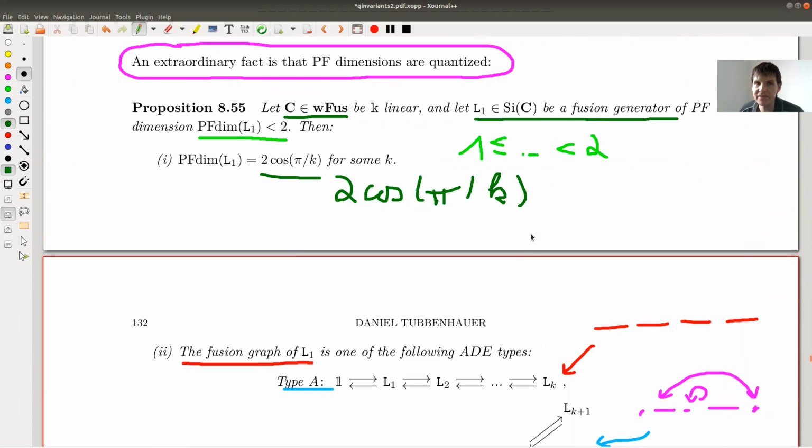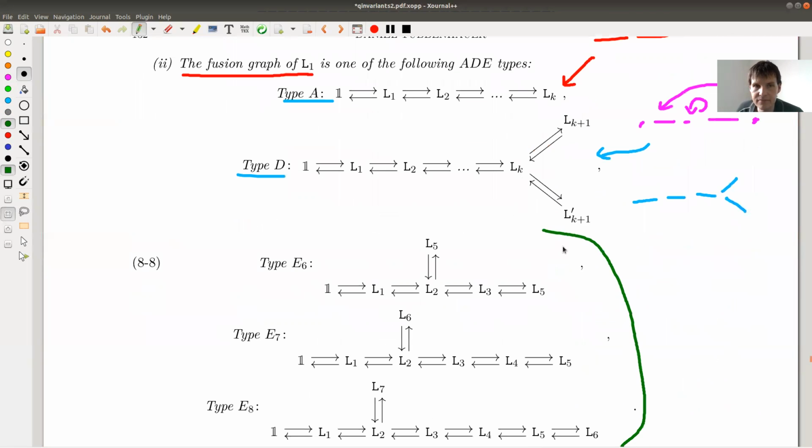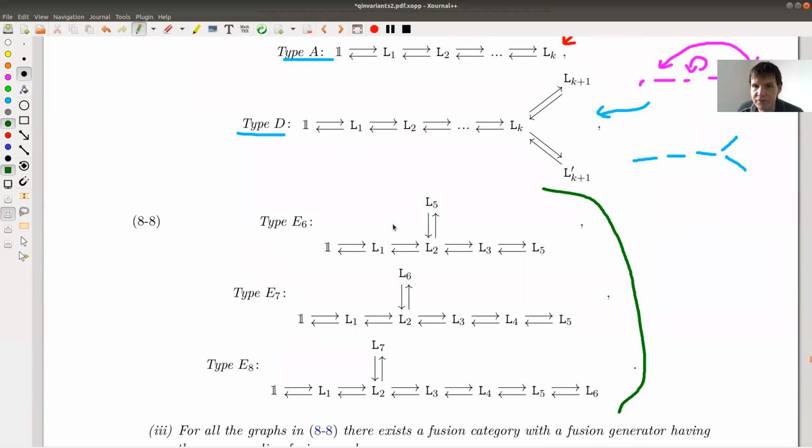Okay, so let me say again what's happening here. This is really amazing because it's so nice and important. Try to classify something by PF dimension, and maybe the first bound you would set is 2, right? It turns out that for 2, there are only two families of solutions possible, a line graph or a splitting line graph, and you have three exceptions, which you can basically ignore anyway.